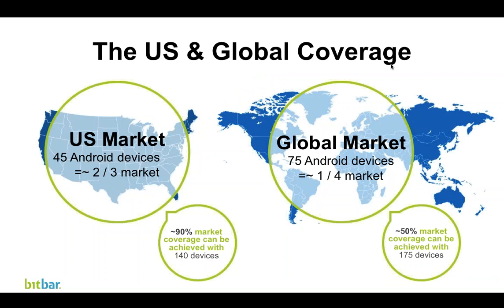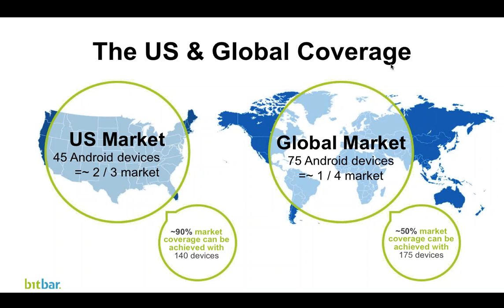We also show some metrics on what number of devices you need to cover certain markets. And this keeps growing. An interesting fact is that of course more handsets are coming, but there is a certain popularity level that certain devices reach, especially in the US, and you suddenly see that you need to add 15 new devices to your testing roster. Pretty much the same applies for the global market.